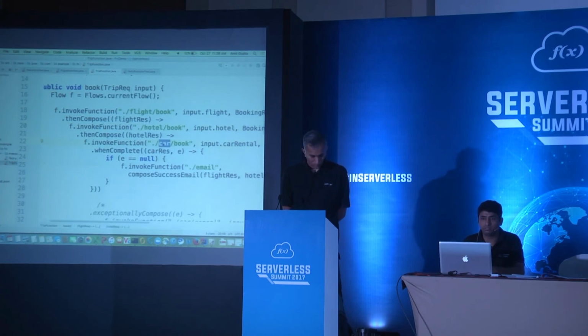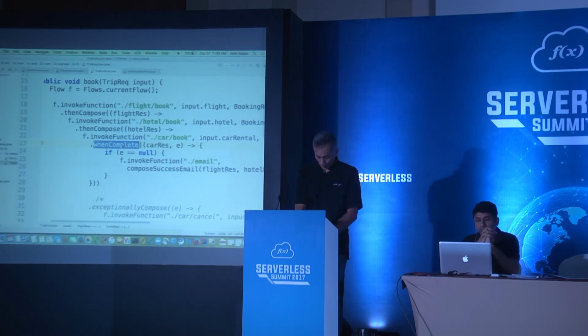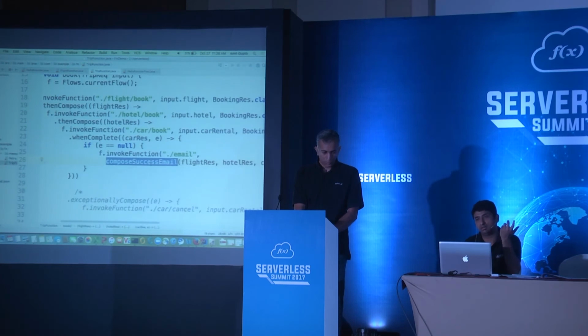So we are chaining flight booking, hotel booking, and car booking right here, right? And of course, now you have booked this. We want to do something useful with it, right? Now, we need to know when the entire sequence of functions will be invoked and successful, and we want to do something about it, right? Now, what we are doing in this demo is we're going to send a mail.